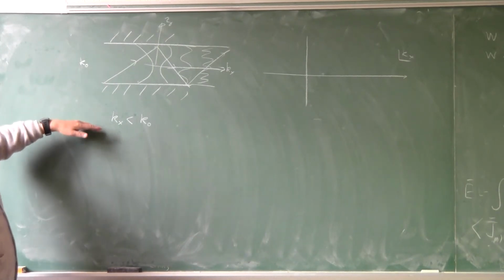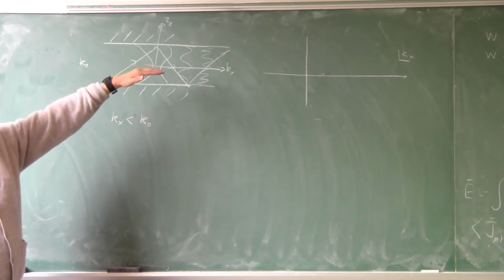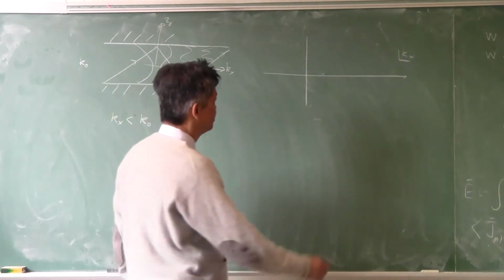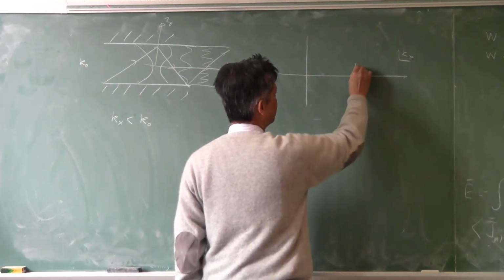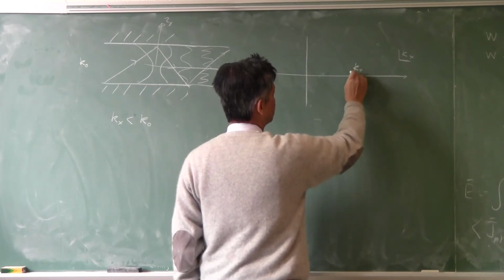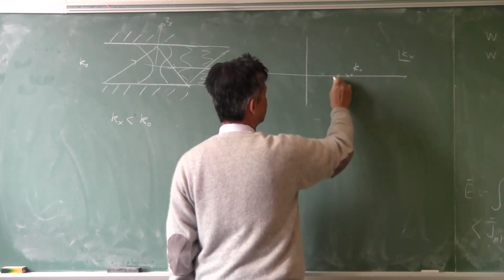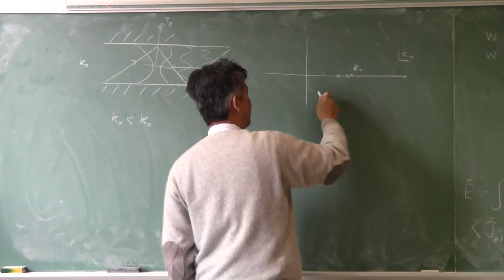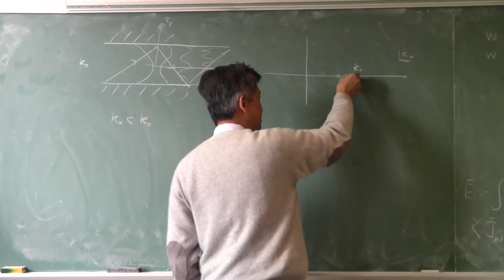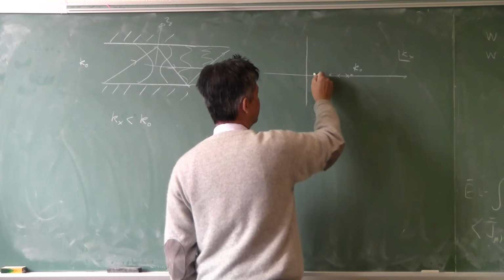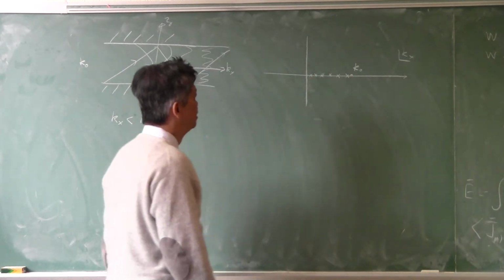You can only have Kx equal to K0 if you have a TEM mode. So if you look at the distribution of these modes, if K0 is here, those modes are distributed like this. For a parallel plate waveguide, you have TM modes, and you might also have the TEM mode that is distributed over there.